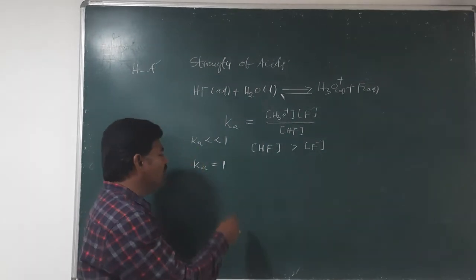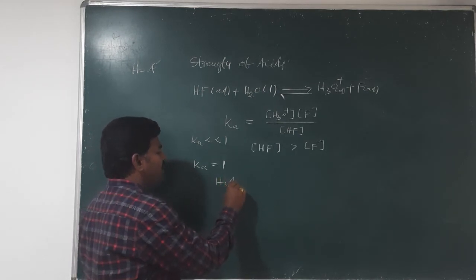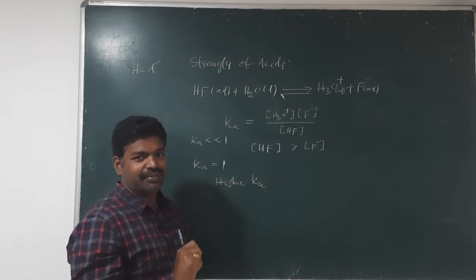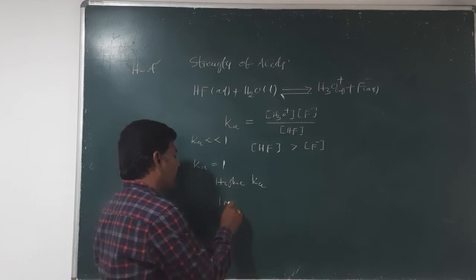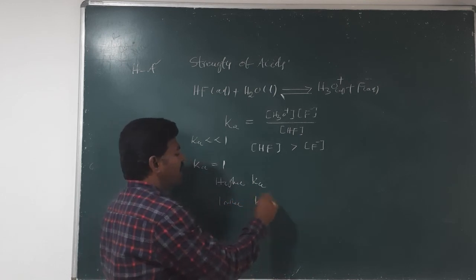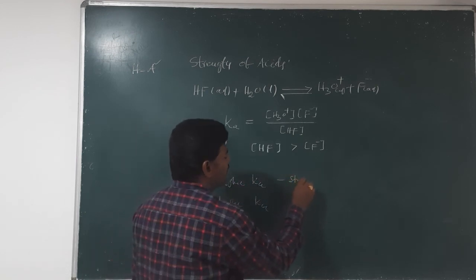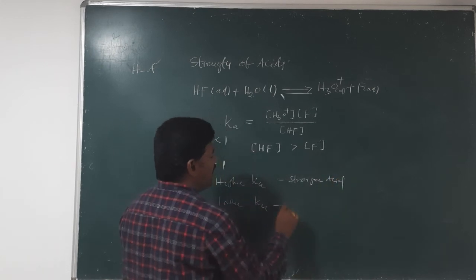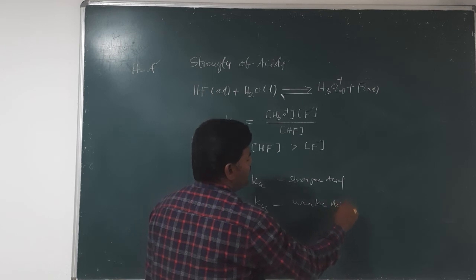So, the higher the value of Ka, the stronger is the acid. Similarly, the lower the value of Ka, the weaker is the acid. Higher the value of Ka, stronger acid. Lower the value of Ka, weak acid.